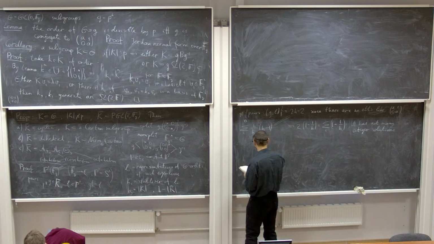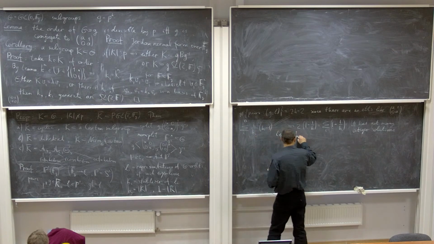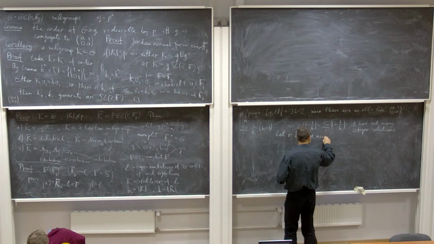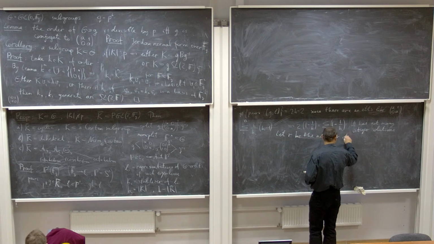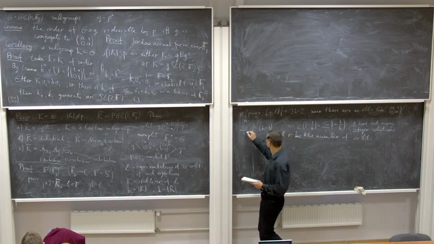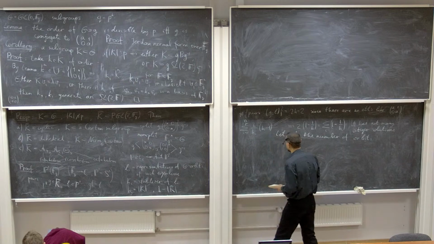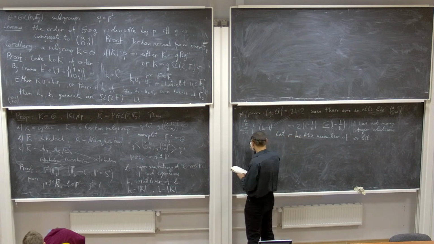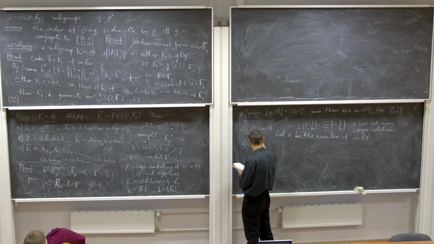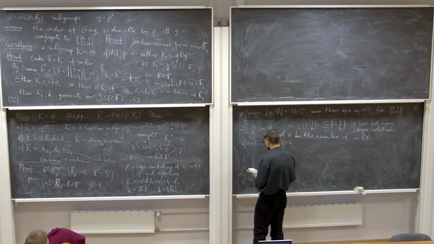Namely, let R be the number of orbits, so we sum here from 1 to R. Okay. Then the solutions are as follows. We can have R equals 2, and then H1 equals H2 equals 2, and H equals 2.